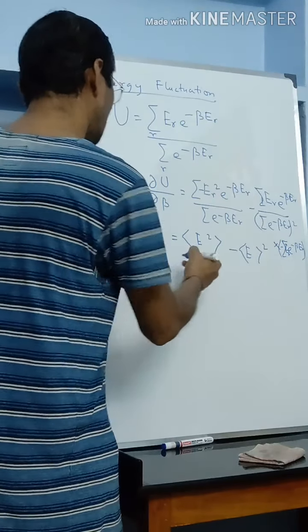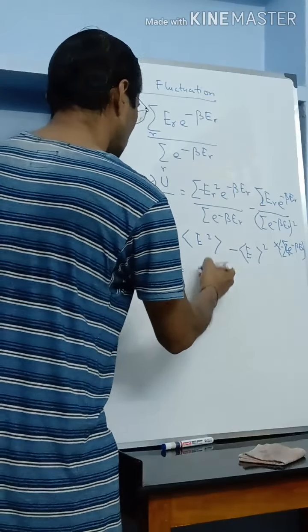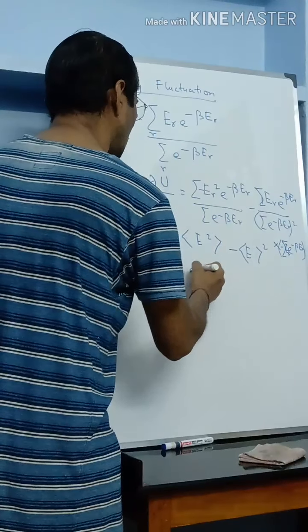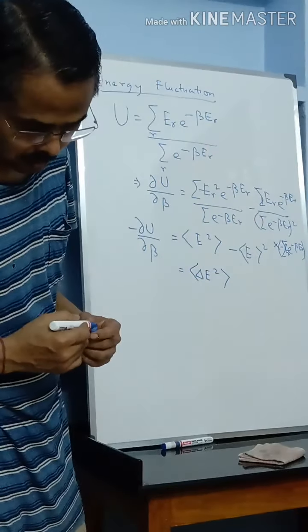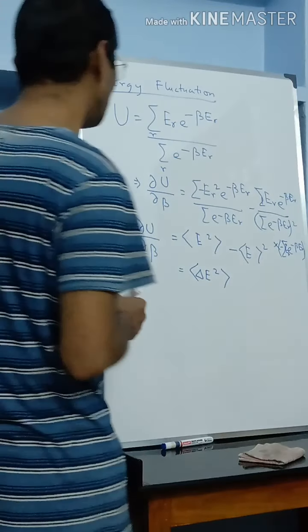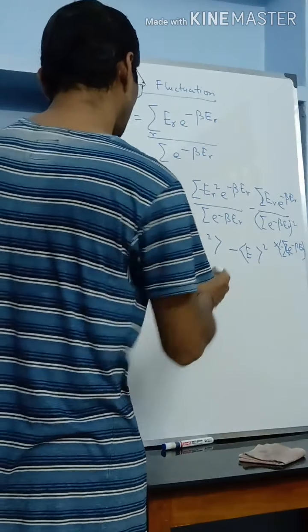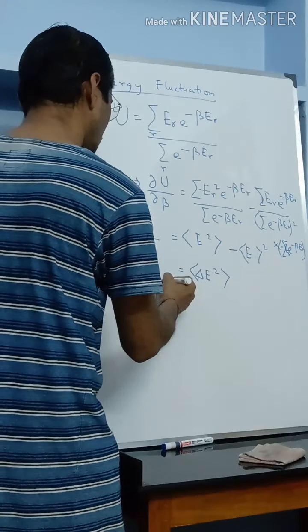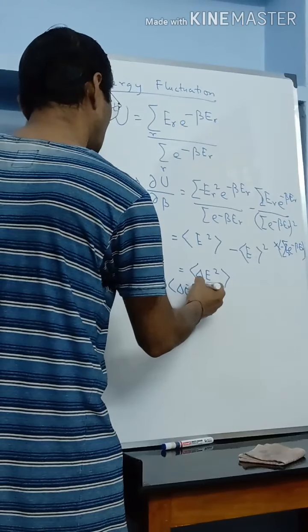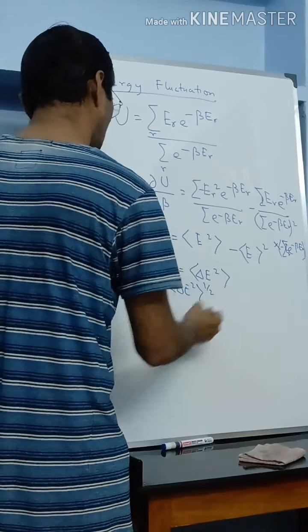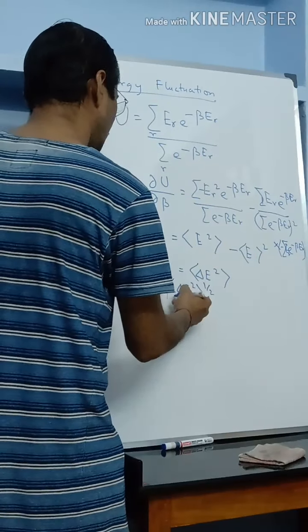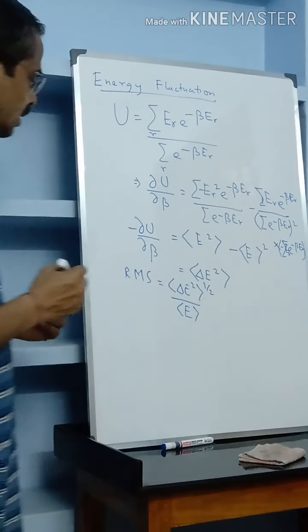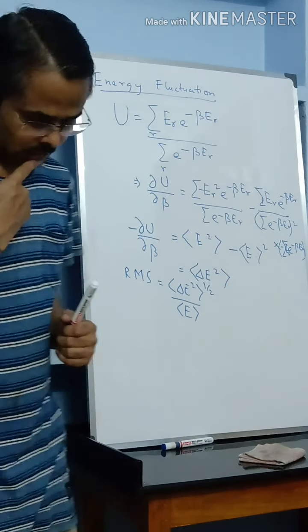If we want to take the root mean square fluctuation, the RMS fluctuation would be equal to the average of delta E squared to the power half, and if you want the relative fluctuation, then you have to divide it by the average of E.